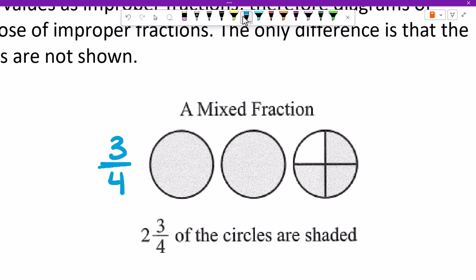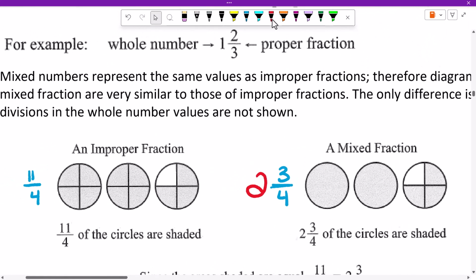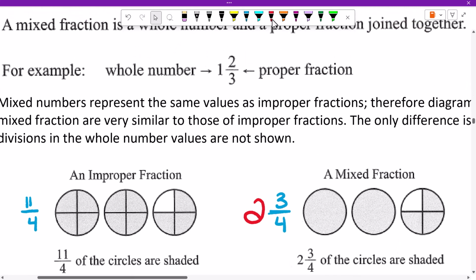And the 2 full ones go in front. So we have 2 wholes and 3 out of the 4. Now these 2 fractions that we drew, they look different, but they have the same value. You can tell from the diagram, right? Both of them have 2 full ones and 3 out of the 4 on the last one.